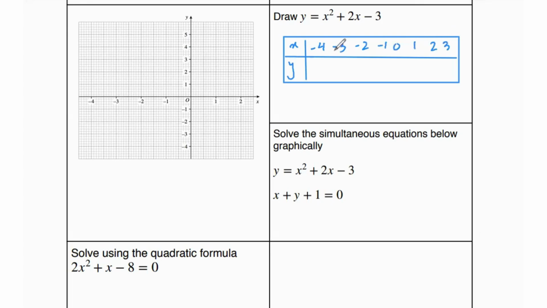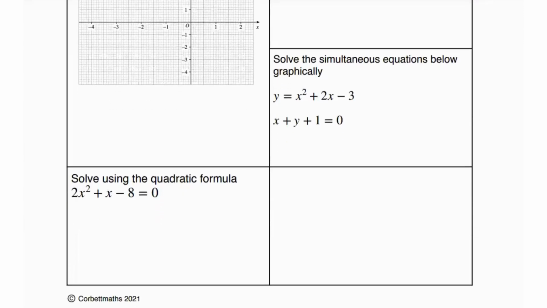Then you substitute these x values in the quadratic equation, write the y values you get in the table, plot these coordinates on the graph and connect the dots to make your graph. Whichever method you find better, just use that, and you'll get the same answer.